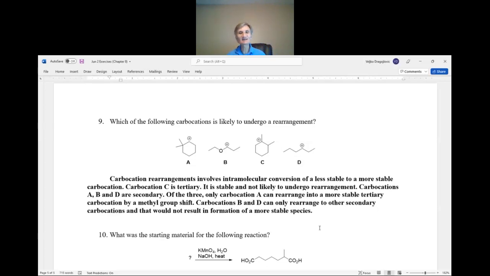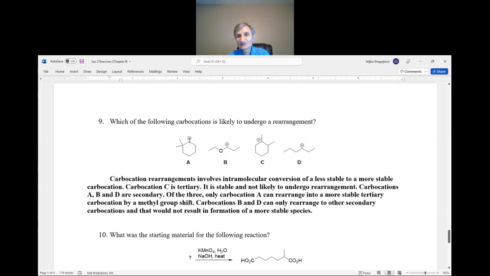So what you're looking for is a secondary carbocation that has the possibility of rearranging into a tertiary by shift of a hydrogen or methyl group or alkyl group. So you're looking for a secondary carbocation that next to it has a hydrogen or methyl, so that when it shifts, it's going to give a tertiary carbocation. And actually, A is a carbocation like that. It's secondary.